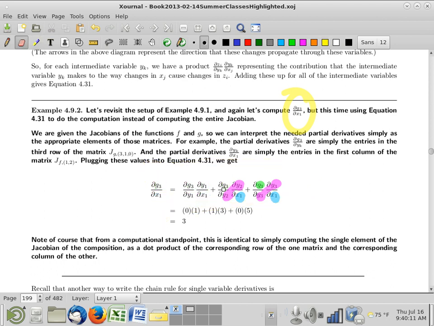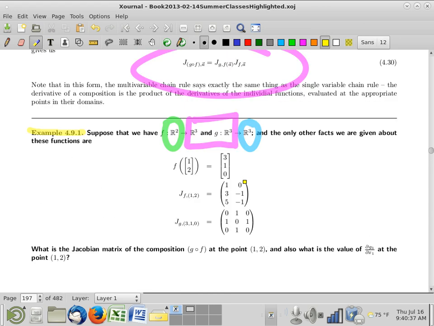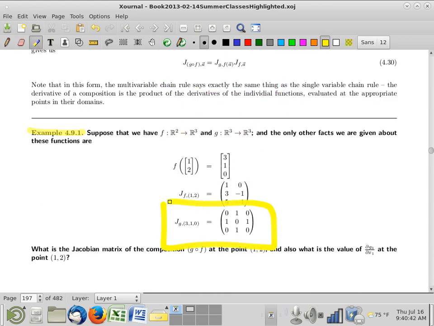Right, so now how would I solve the problem? Where does the answer come from? Well, I realize one at a time that these entries, as they are partial derivatives, are entries in one of the given Jacobian matrices. Now, which entries are these in which of the given Jacobian matrices? Well, I'm looking at partials of the G variables with respect to the Y variables, so that's going to be entries in this matrix.